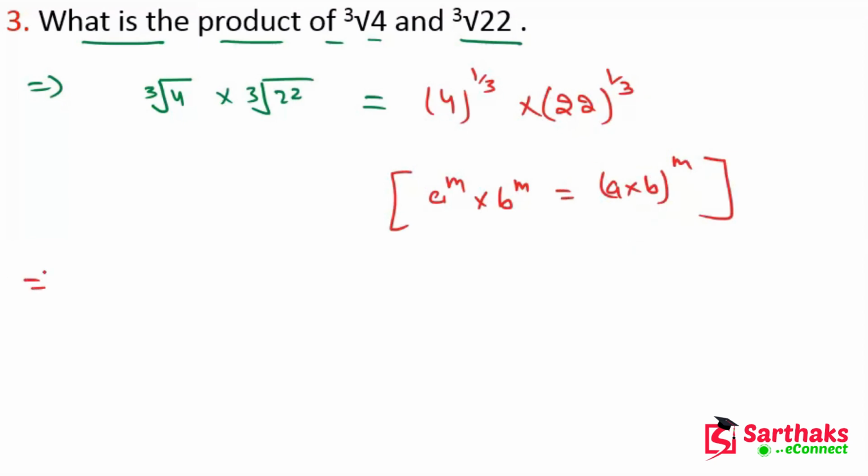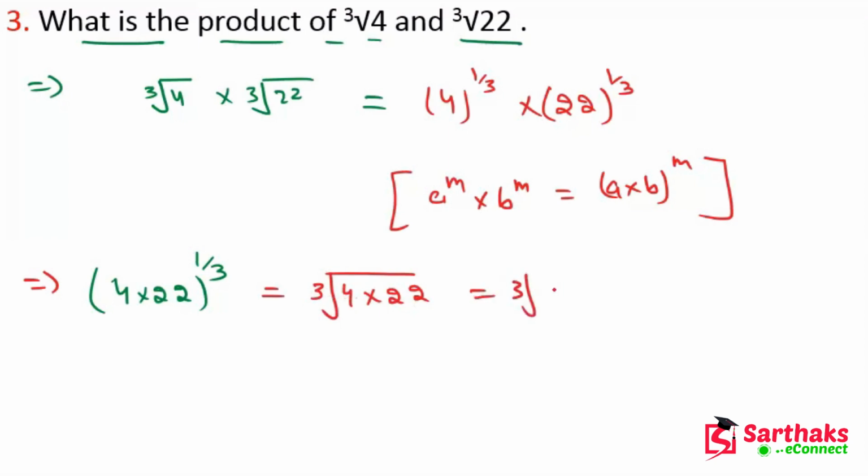So now, my dear friends, this will become 4 into 22 whole raised to power 1 upon 3, which equals the cube root of 4 into 22. Now we can write it as the cube root of 2 raised to power 2 into 2 into 11.